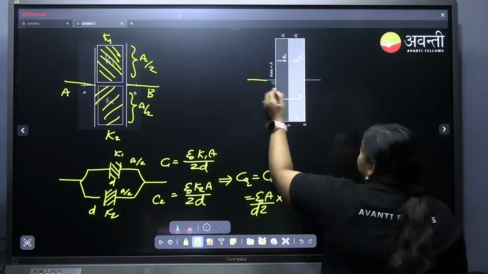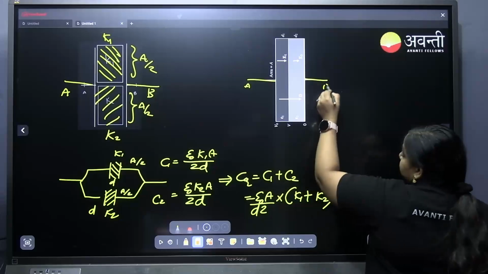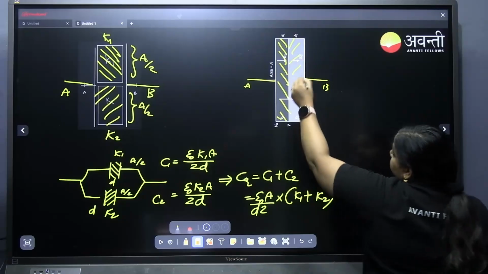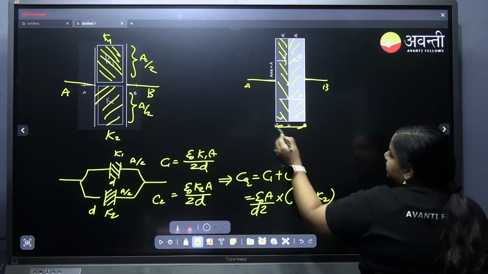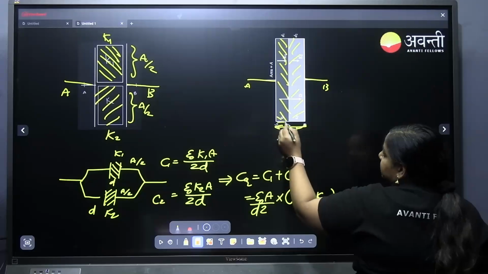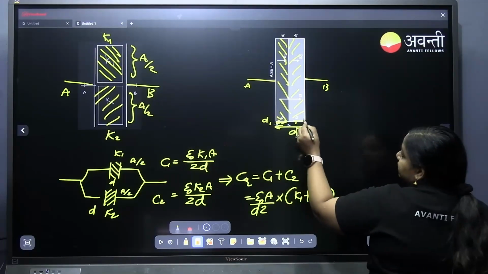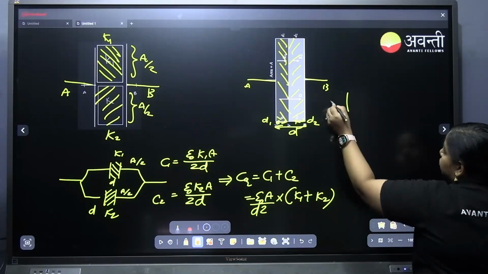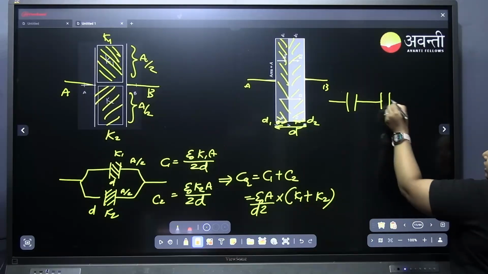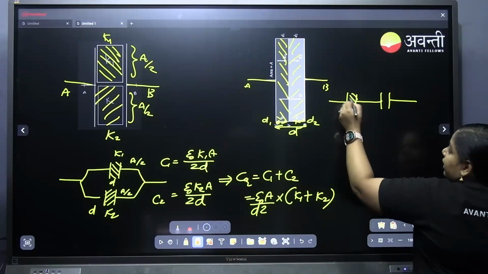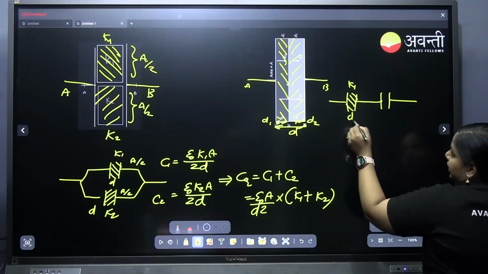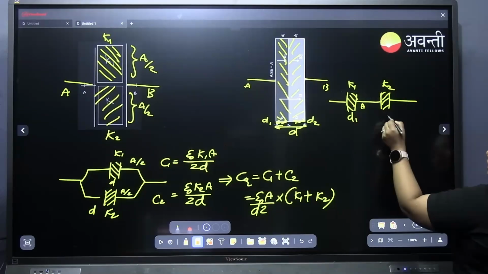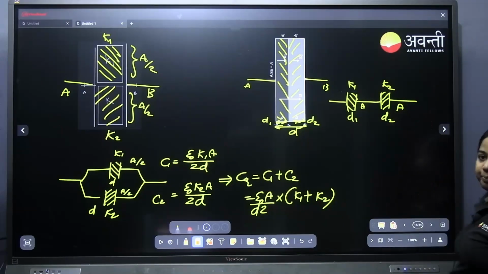At the same time, if it is split like this, where this side is A, this side is B, K1 is this and K2 is this, the total distance is D. Let's say this distance is D1 and this distance is D2. In that case, you can split it as two capacitors connected in series. So here it is K1 with the D1 distance, A area. Here it is K2 with the D2 distance and A area.